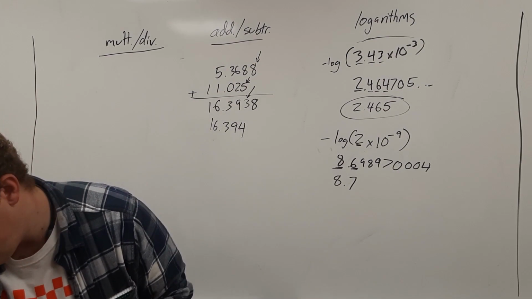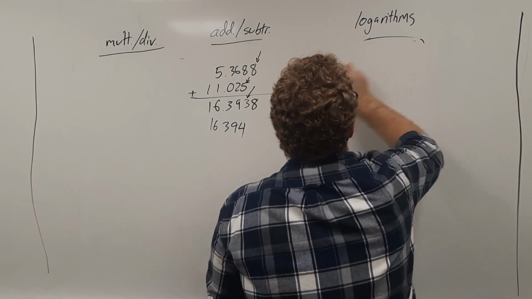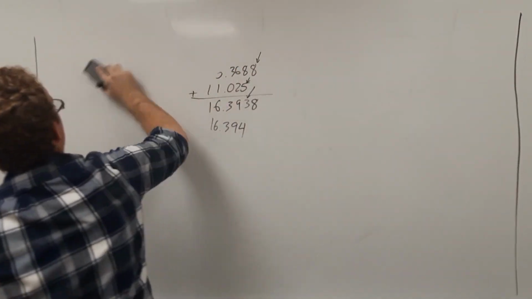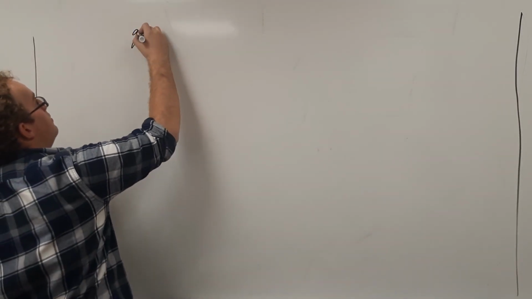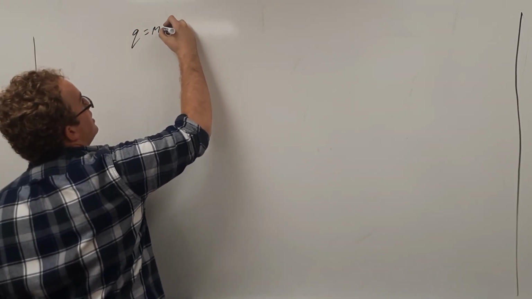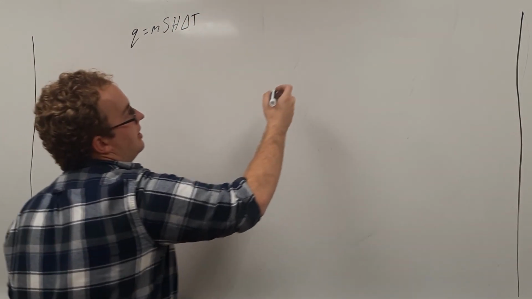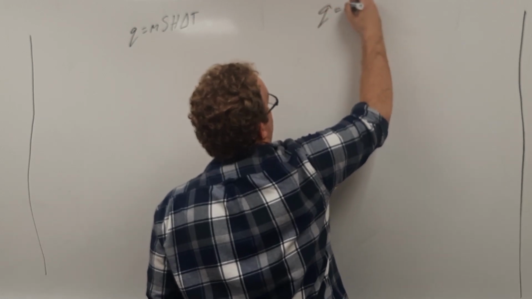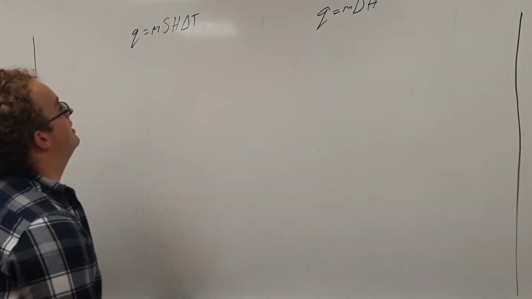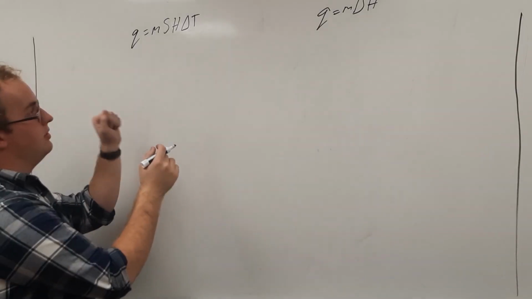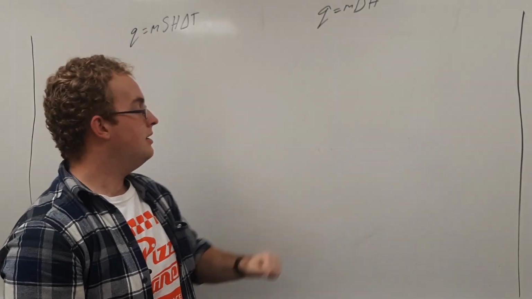Okay, let's move on. We're going to talk about calorimetry. So, we'll talk about two equations that are really important. There's Q equals M times the specific heat times your delta T, your change in temperature. And there's Q equals M times your enthalpy of fusion or your enthalpy of vaporization. And I'll talk about a reason why we'd use this equation and a reason why we'd use this one.